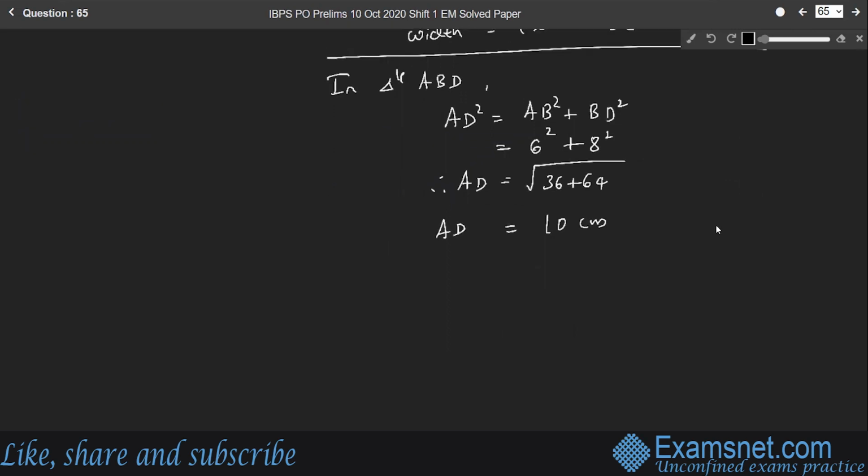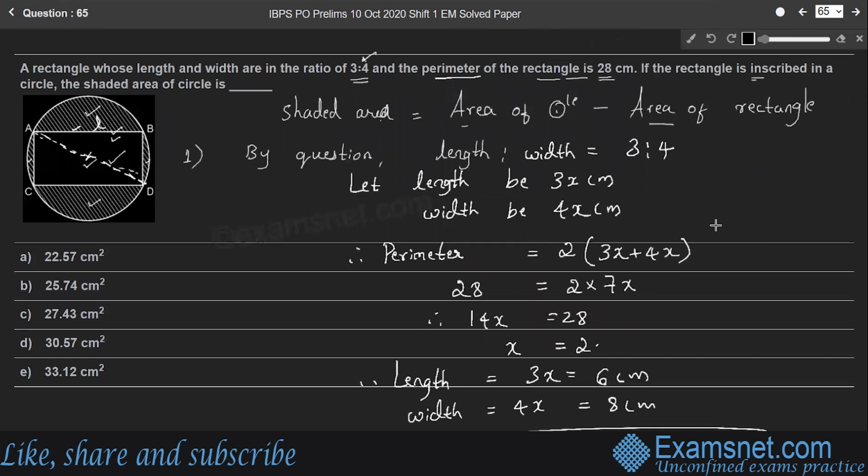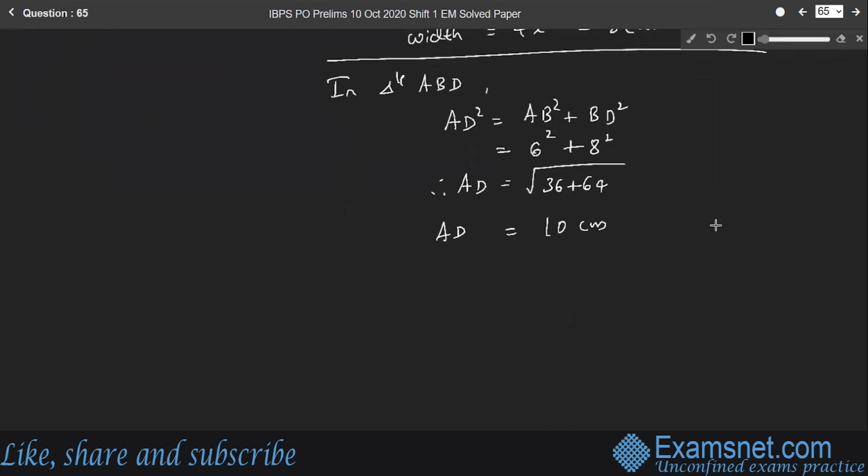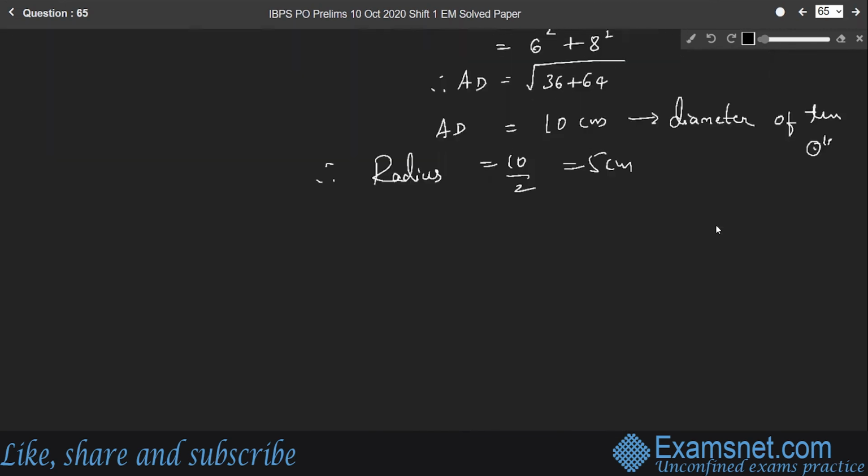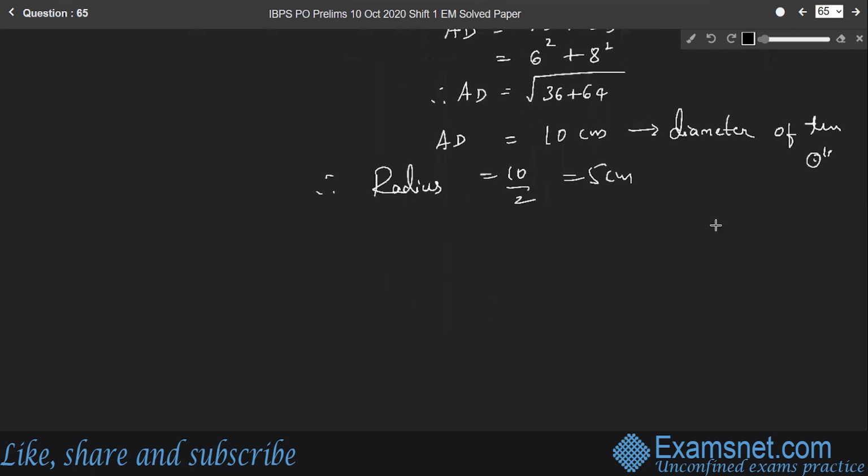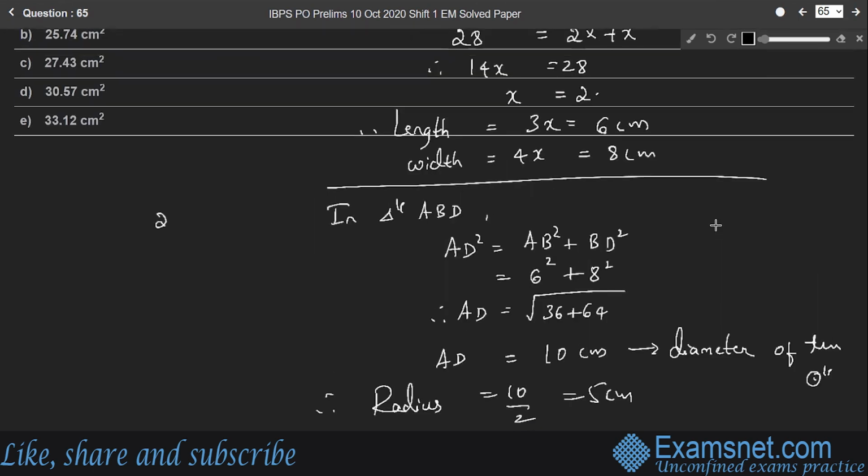What is AD? In the circle, AD is considered as the diameter of the circle. Therefore, the radius of the circle is equal to 10 by 2, which is 5 centimeter. Therefore, what is the area of the circle? Consider this part as the second part.